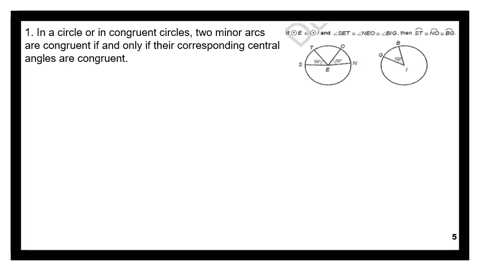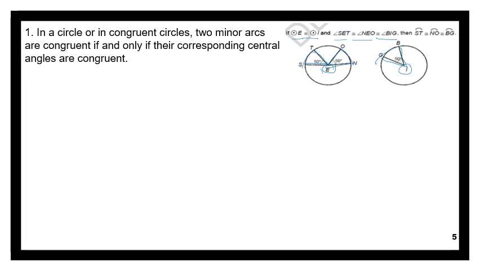For example, in this given, we have circle E and circle I. If circle E is congruent to circle I and angle TES is congruent to angle NIO and also congruent to angle BIG, then we can conclude that arc TS or ST is congruent to arc NO and arc BG.